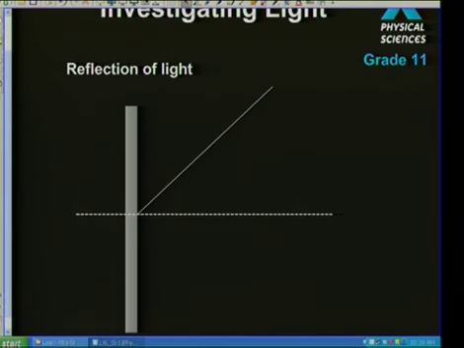There we go. Now, when we deal with reflection of light, what we need to recognize is that light falling on a mirror coming in is called the incident ray. And we're drawing it as a straight line there to indicate that in our thinking, light is like beams.